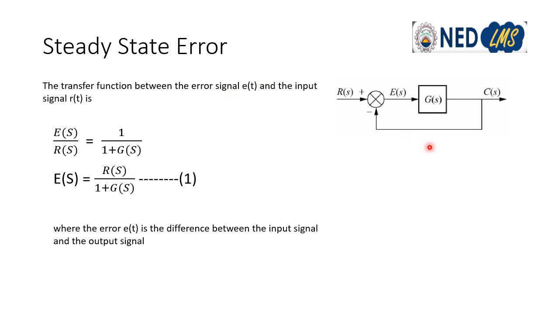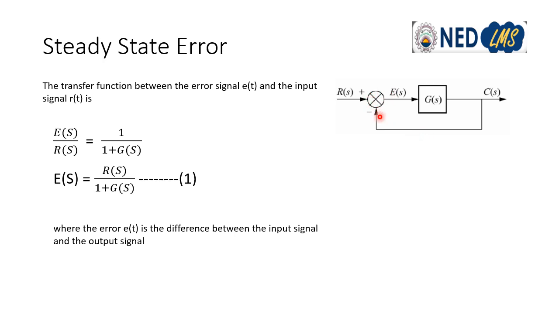If you remember, while we were discussing the block diagram, we said that the error or actuating signal is equal to the difference R minus the feedback signal, that is R minus B, where the feedback signal B is equal to the feedback transfer function multiplied by C(s). Here, for unity feedback systems, we consider H(s), the feedback transfer function, equal to 1. So here E equals R minus B.